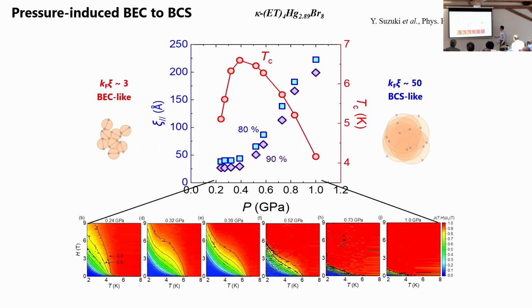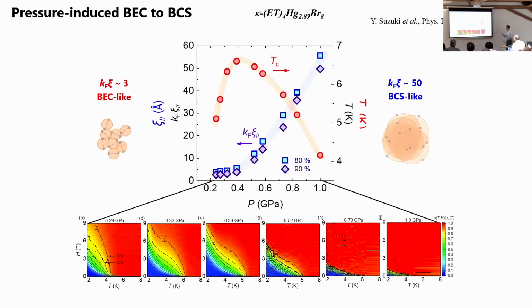So from these figures, we determine the upper critical field, and then the coherence length. This is the pressure dependence of the coherence length. At low pressure, the coherence length is very small. At high pressures, it's large, maybe of the order of 200 angstrom.